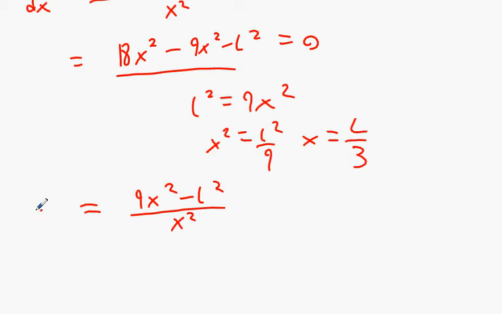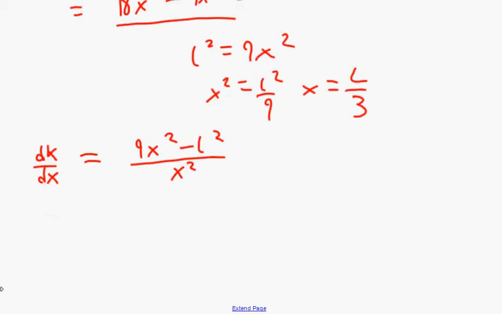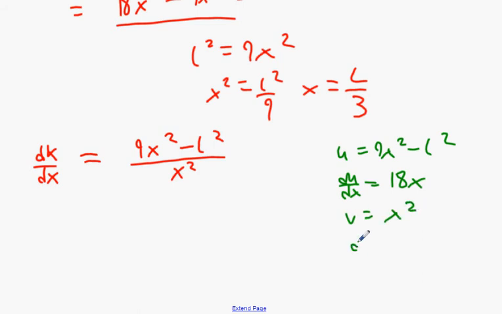So I'm going to get dk dx. I'm going to get the second derivative now. So the second derivative is: u is 9x squared minus L squared. du dx is 18x again. v is x squared. dv dx is 2x.